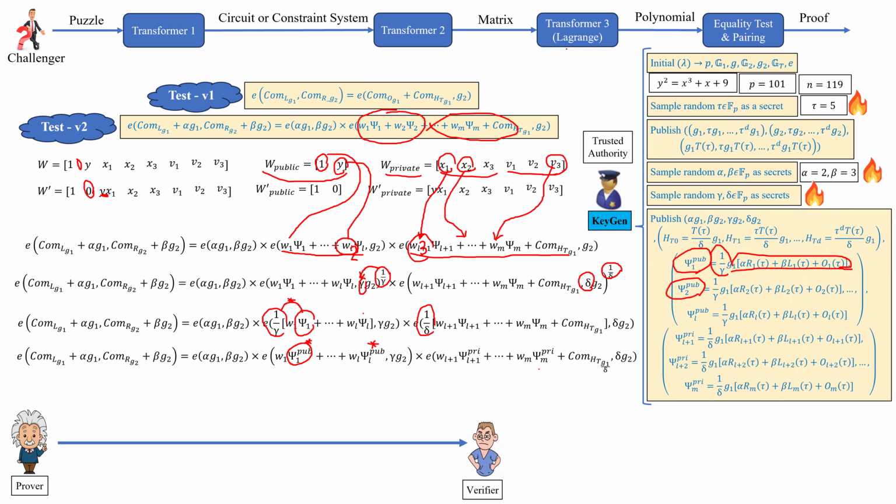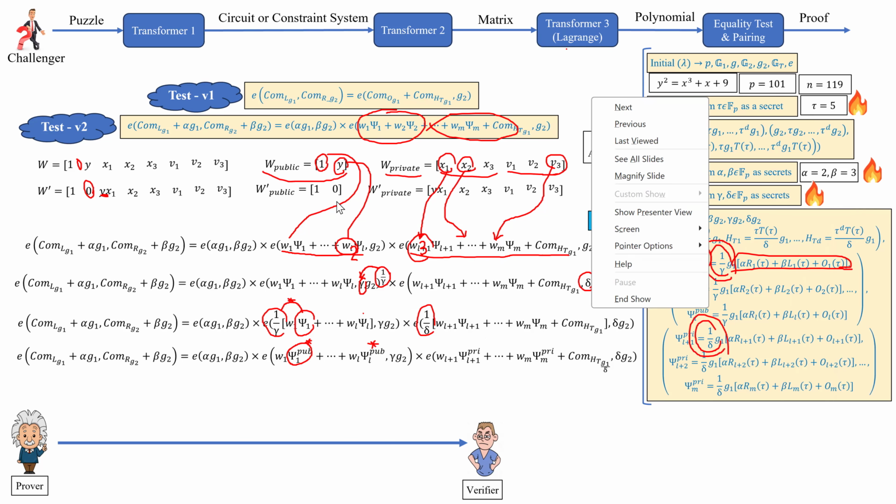And then the SRS for the public are computed by a different element from the SRS for the private. So the private SRS are divided by 1 over delta, and the SRS for the public are divided by 1 over gamma, right?